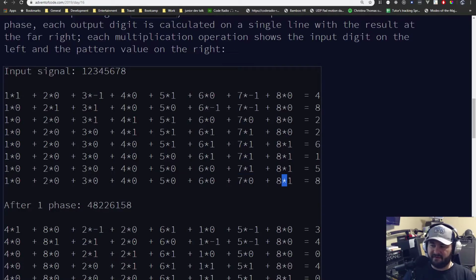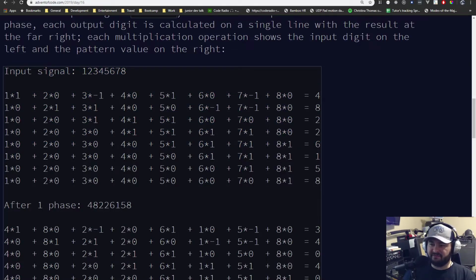So it's going to be 8 plus 7 plus 6 plus 5. 8 plus 7 is 15, so that gives you the 5. 15 plus 6 is 21, that gives you the 1. 21 plus 5 is 26, and that gives you the 6. So you can already see that's a heck of a lot faster than looping through the entire list of numbers for each iteration, right?